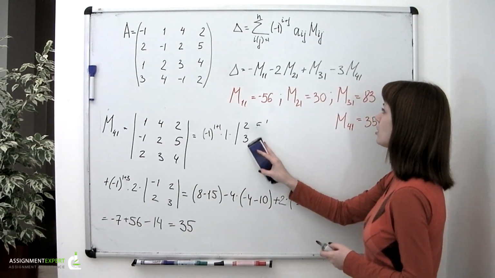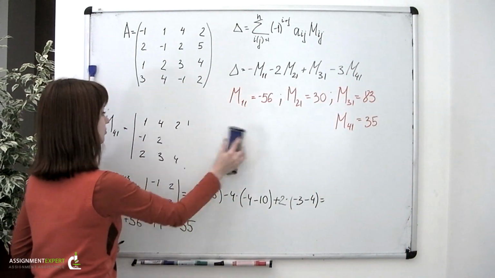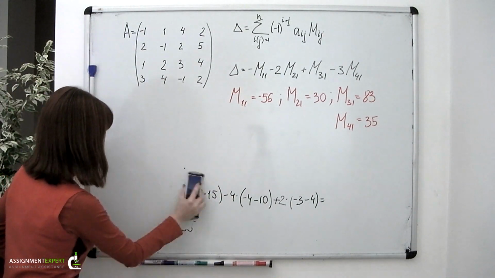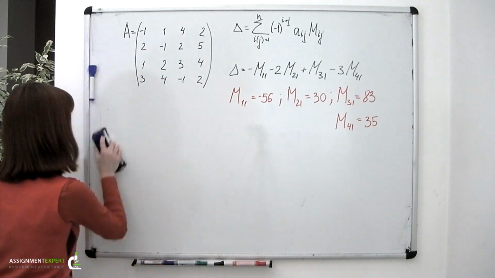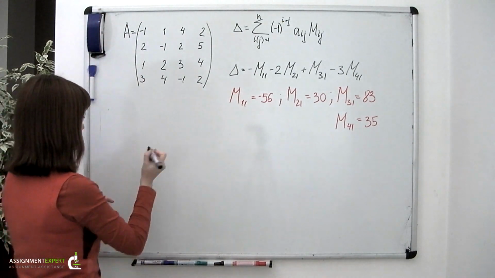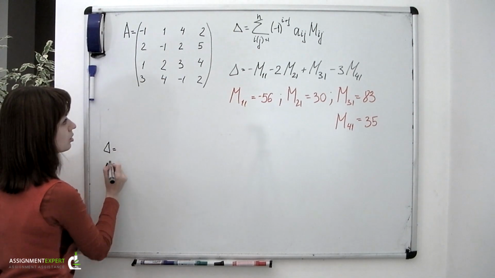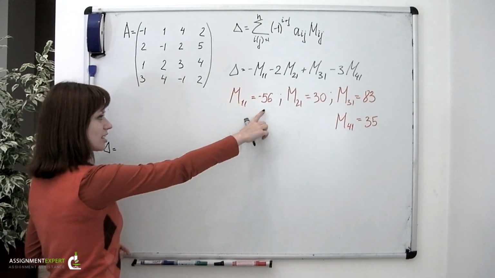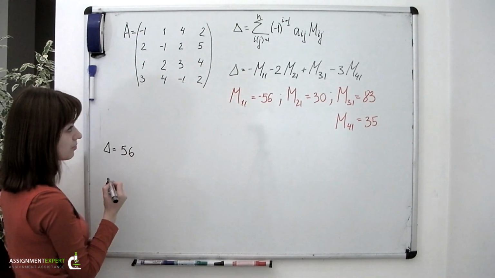Now we need to substitute them into this formula. Our matrix A is equal to negative minor m sub 1, 1, and that is negative 56, which gives us positive 56.